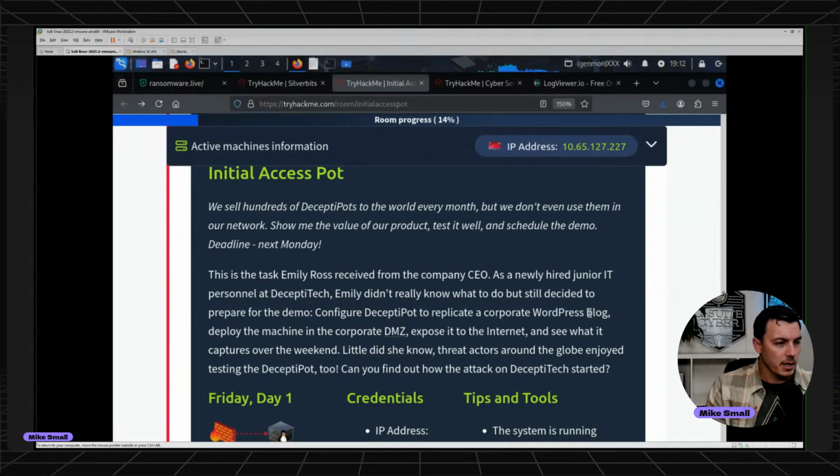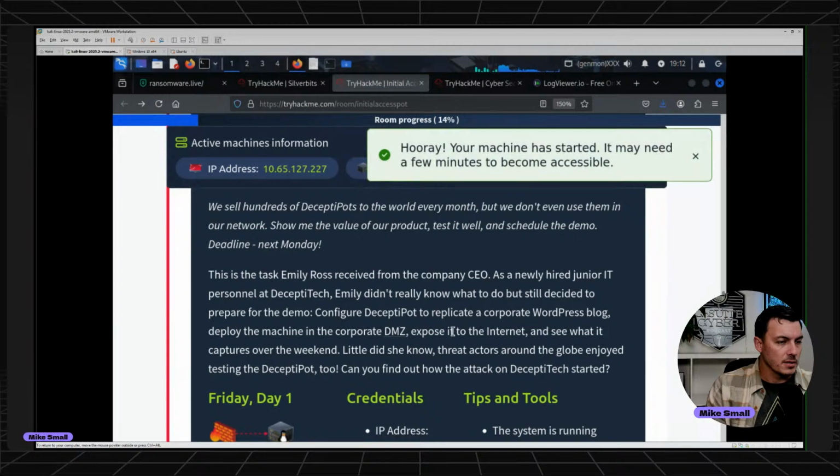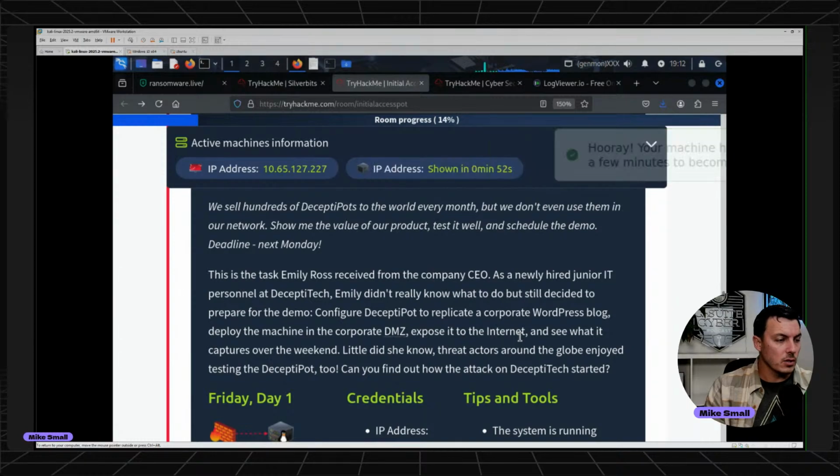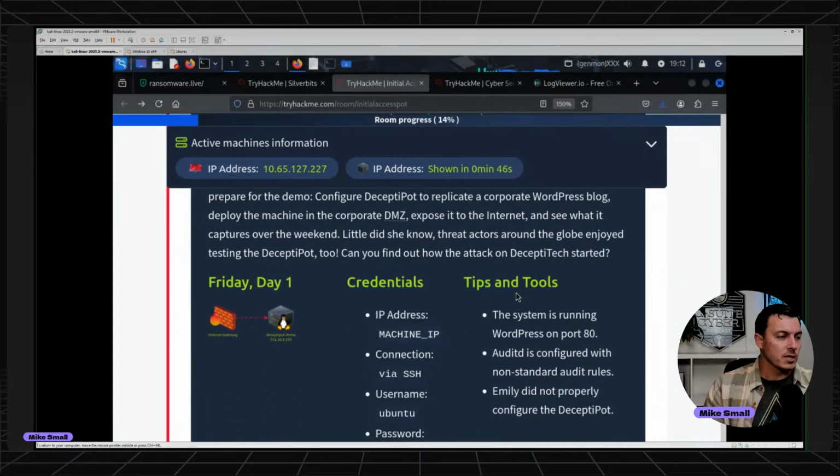Configured, replicate. So there is a WordPress blog here. It's exposed to the internet, and they want to see what it captures over the weekend. Little does she know, threat actors around the globe enjoy testing the Deceptipot 2. Can you find out how the attack started? So essentially, a website got taken over, and they took control of a Linux system.